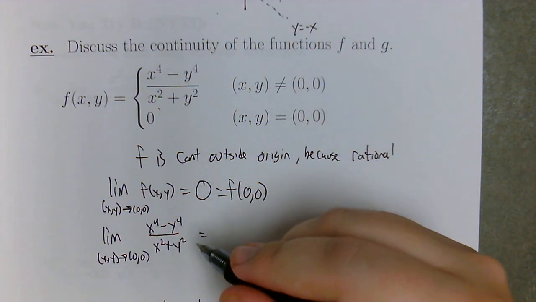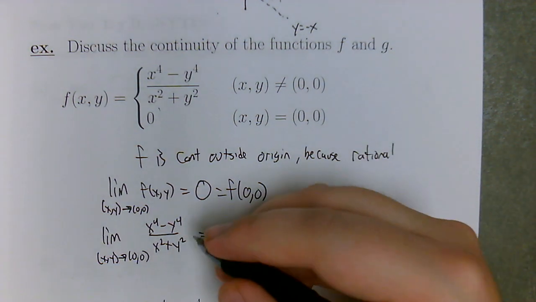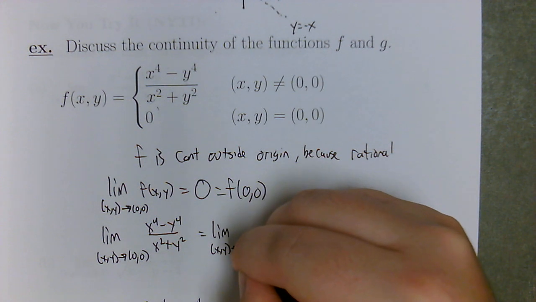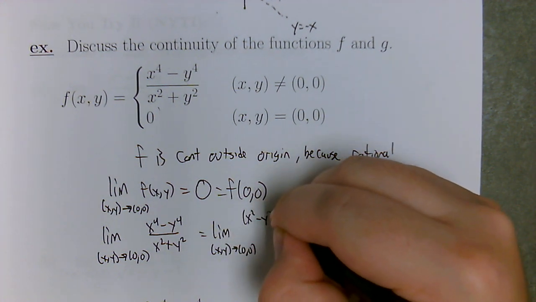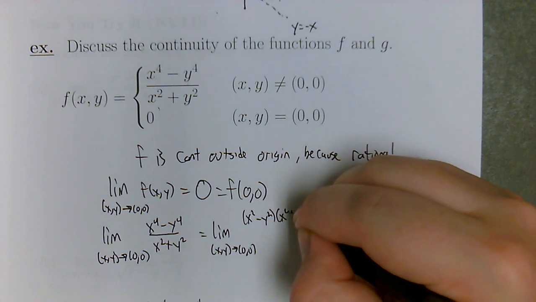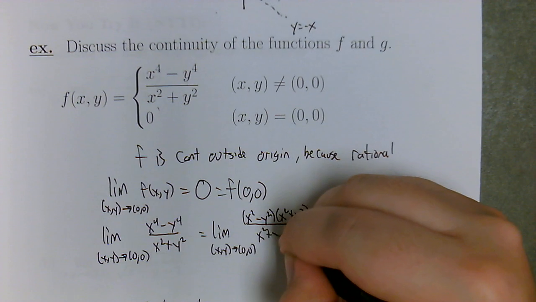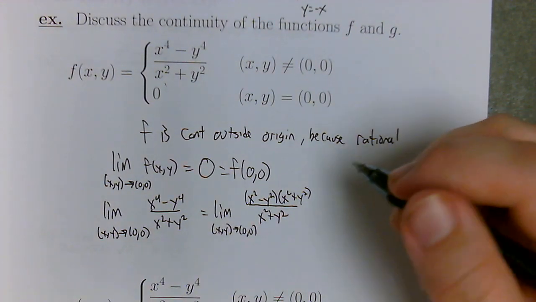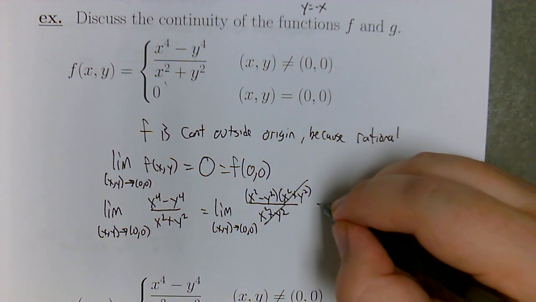Now, one way we could do this is we could substitute to polar coordinates, because this is the origin we're talking about. But another way we could do this is we can factor the numerator. We have x squared minus y squared, and then x squared plus y squared up here. All right, so we have this, and then conveniently, those can cancel out right here.